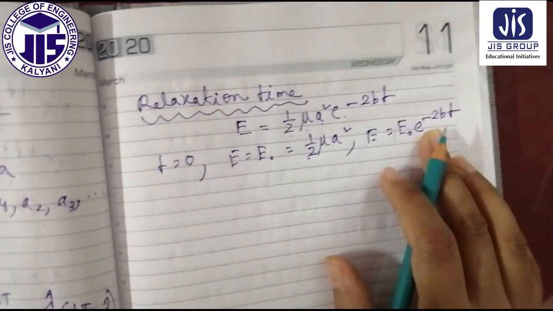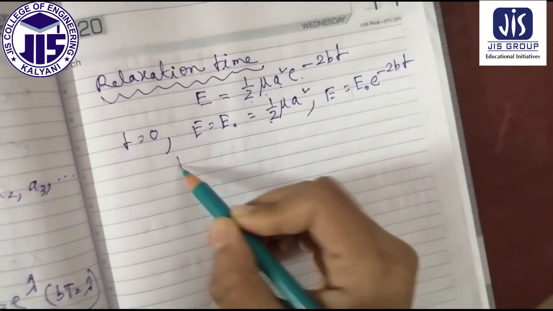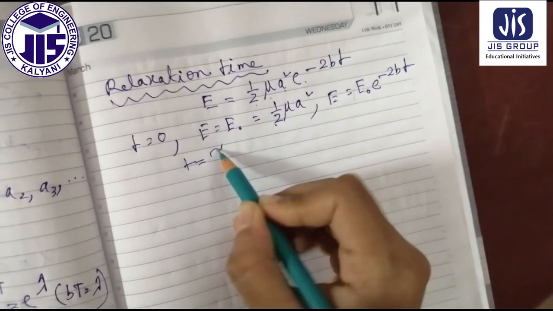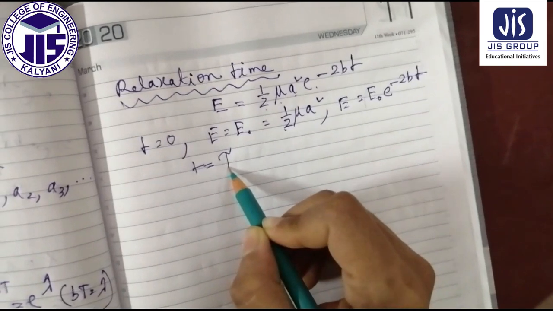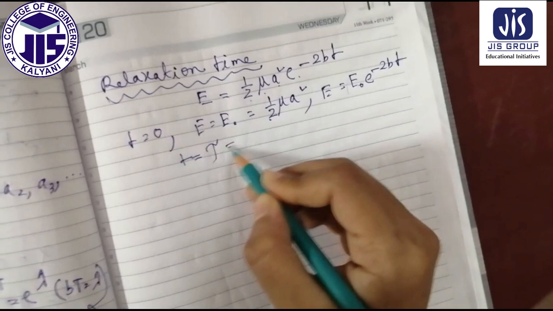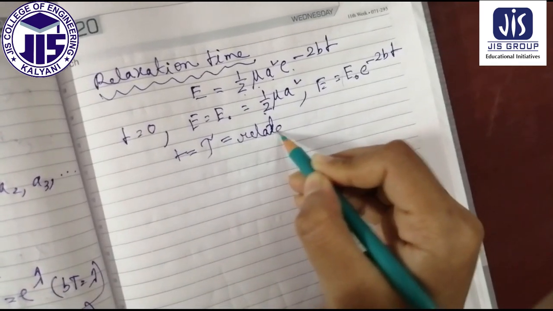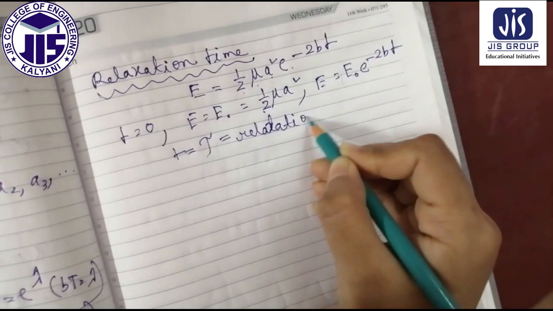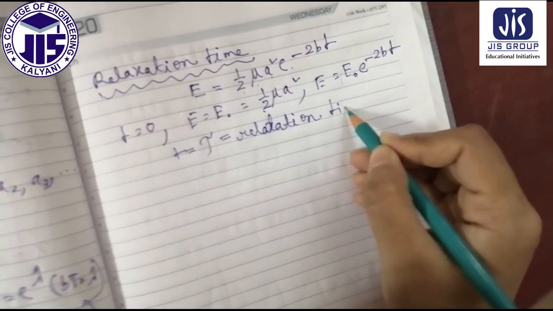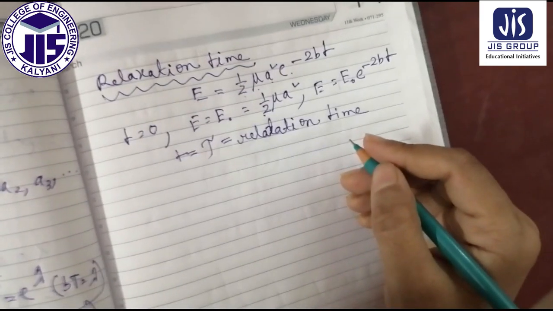Up to this I hope it is clear. Now suppose we consider small t equal to tau, where tau is called the relaxation time.